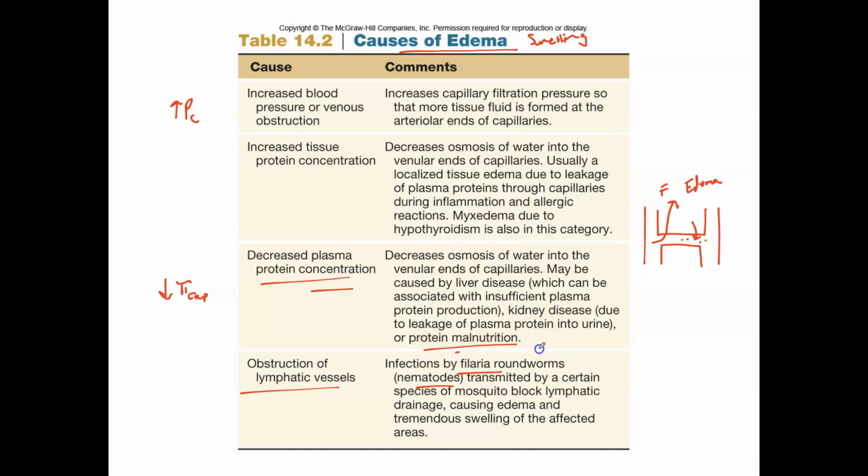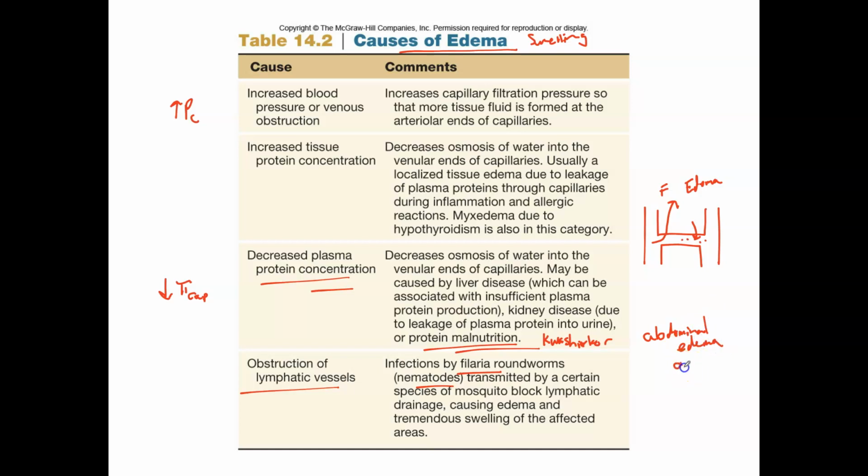Protein malnutrition. There's an example of a condition called kwashiorkor. So you may be familiar with kwashiorkor. This is severe protein malnutrition. You will see not only peripheral edema, but you'll also see abdominal edema. And that abdominal edema has a term.